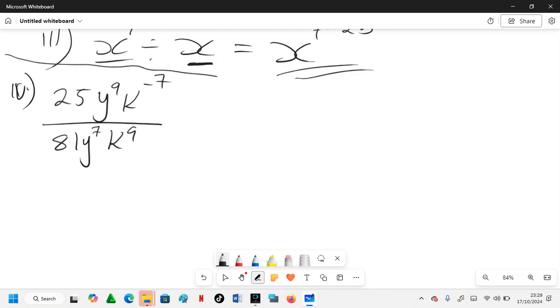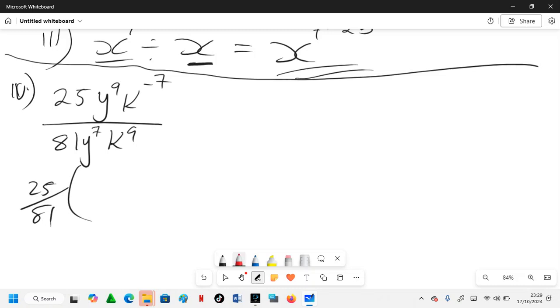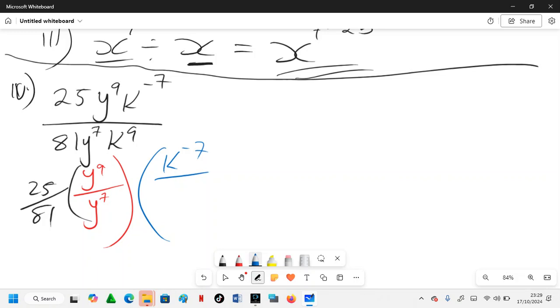I'm going to go ahead and kind of separate this thing. I'm going to say it is 25 over 81, and then there is y power 9 and y power 7, and then there is k power negative 7 and k to power 9, right?